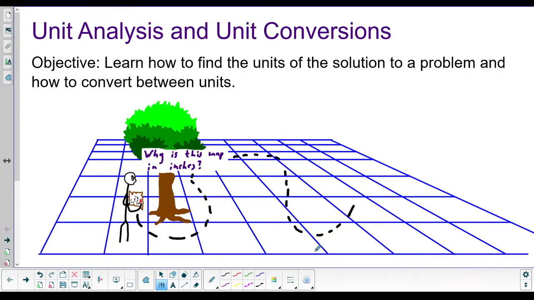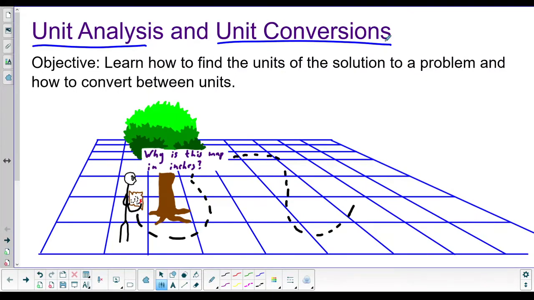So what we're going to talk about today is unit analysis and unit conversions. If you have had chemistry before, I believe this is a review for you, but chemistry is not a prerequisite for this class.